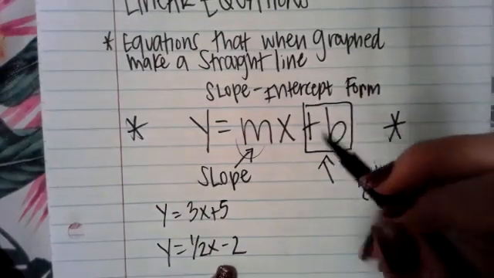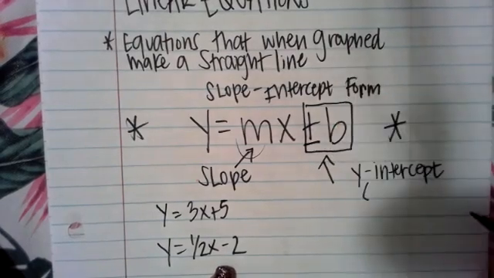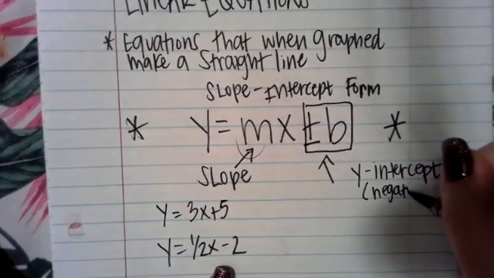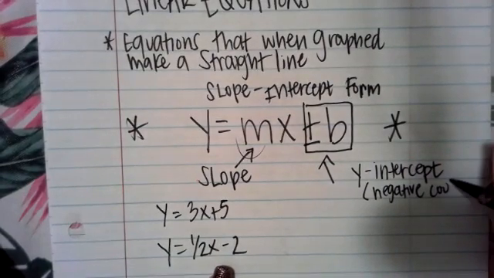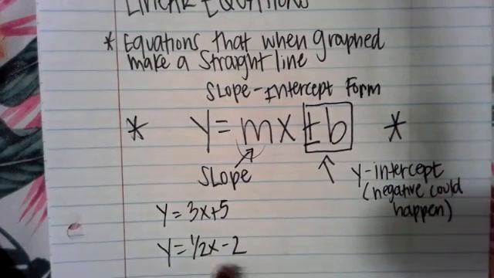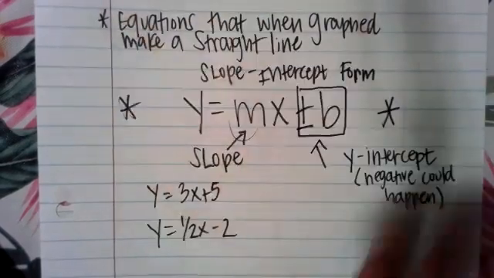Now we use the form y equals mx plus b. I also like to think about it as plus or minus b because it could be negative. I'm just going to put, could be negative. So it could be a positive or a negative, depending on where the line intersects the y-axis.